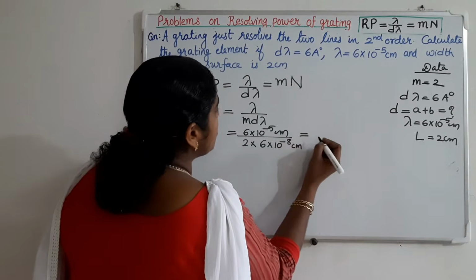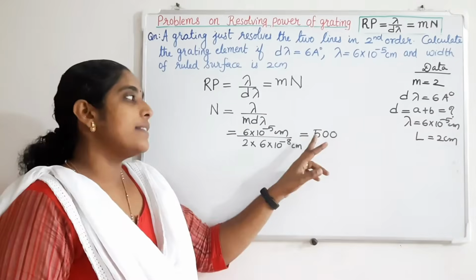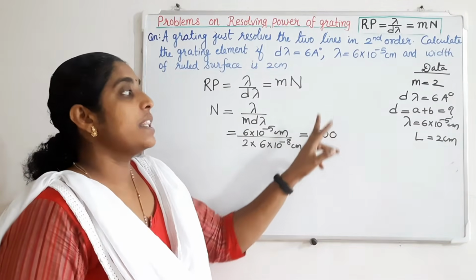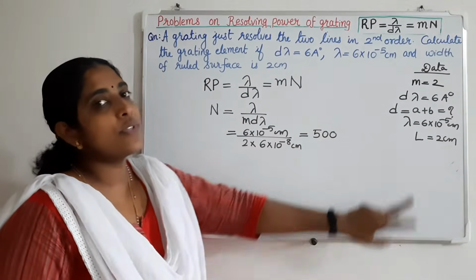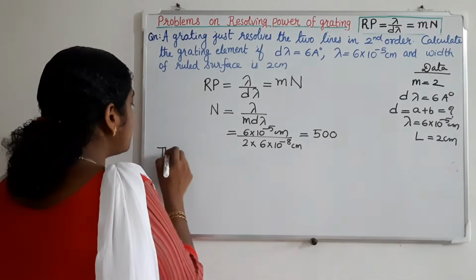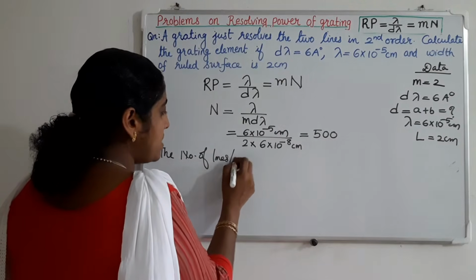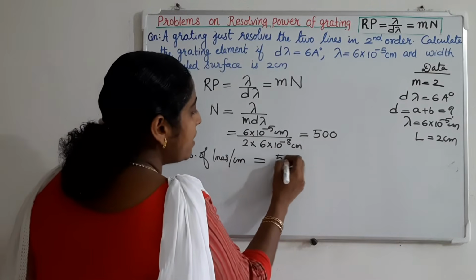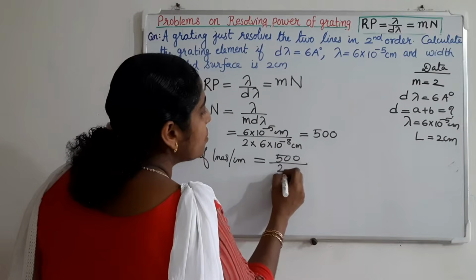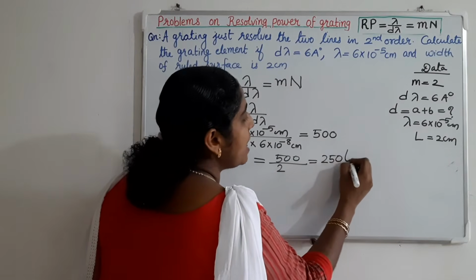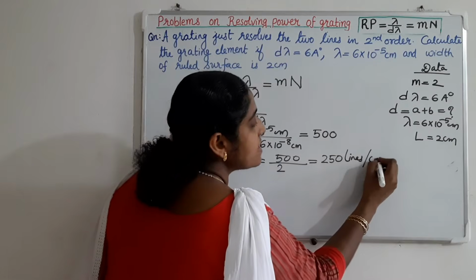So that is equal 500. That is the number of lines on the grating is 500. The length of the grating is 2 centimeter. So we can find out the number of lines per centimeter. That is 500 divided by 2 centimeter. So that is equal to 250 lines are there in 1 centimeter.